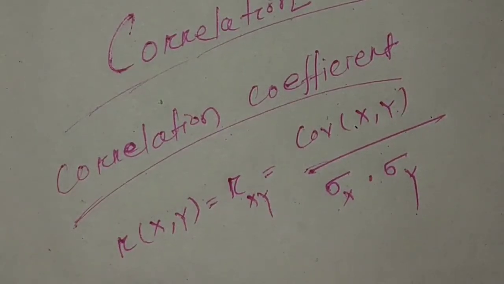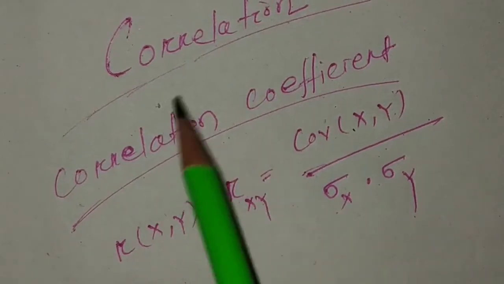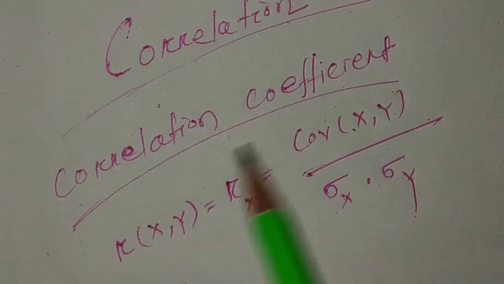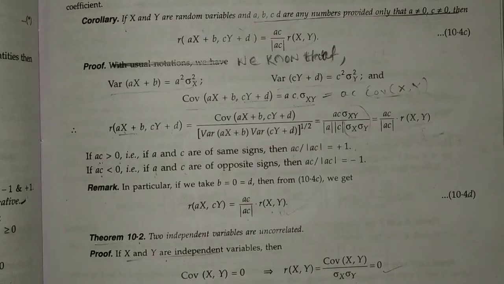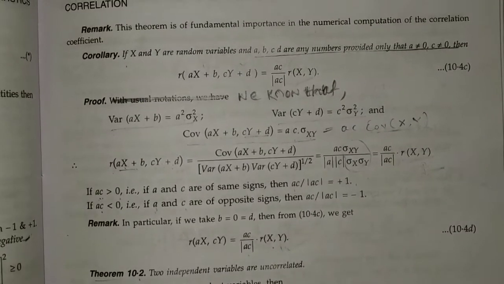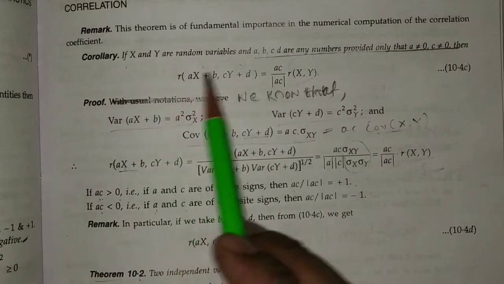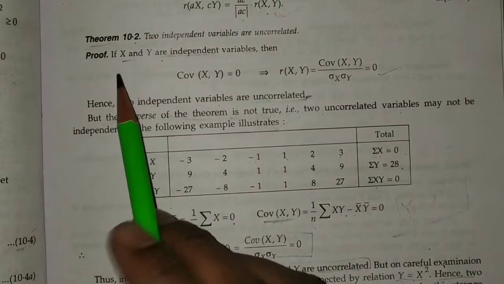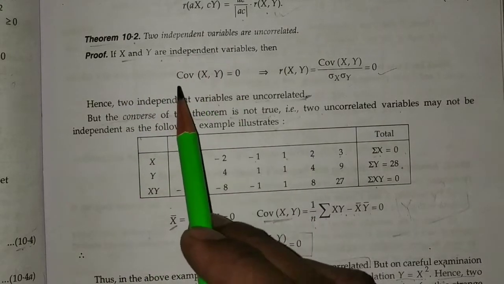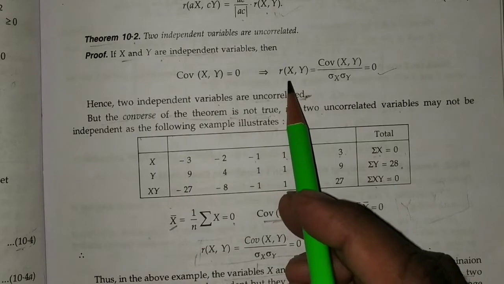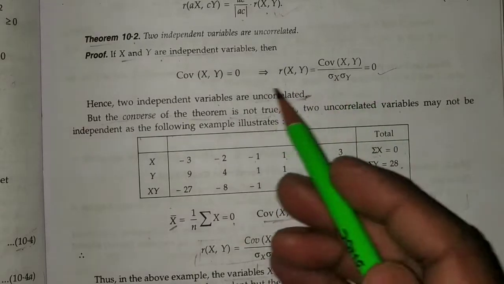We are discussing the topic correlation and correlation coefficient. In our last class, we discussed in detail about this corollary or theorem and another theorem: if x and y are independent, then the covariance will be zero and the correlation coefficient also will be zero. But the converse is not true.